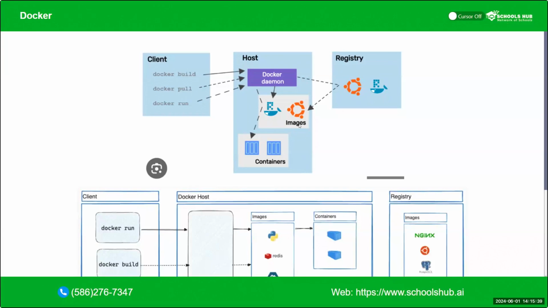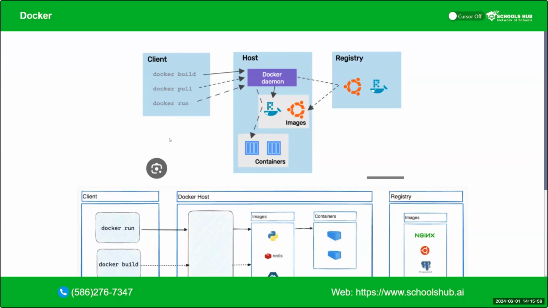So it defines the application's environment and dependencies. And here you can see a registry. A registry can be said to be Docker Hub, which is a cloud-based repository where Docker users can create, test, store, or distribute container images.